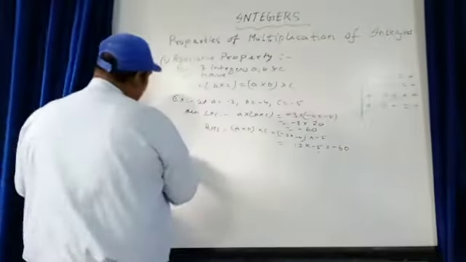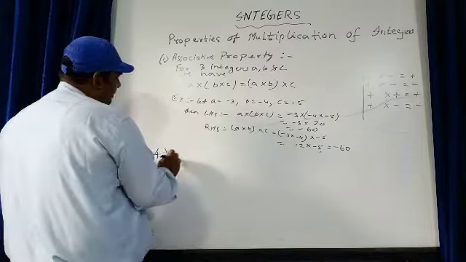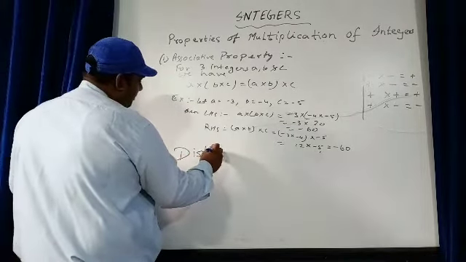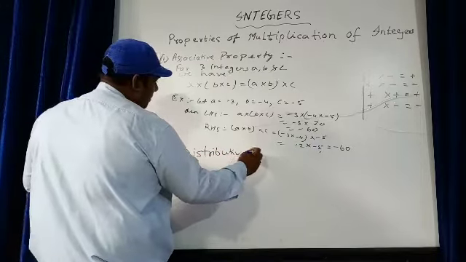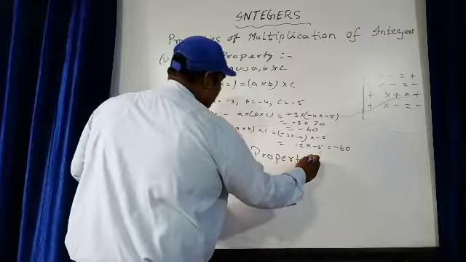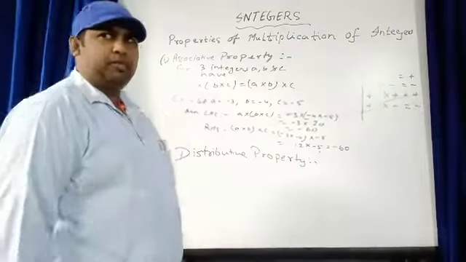Okay, now our next property, that is the fourth one, the distributive property. What is the property? Let's see. We have two laws of the distributive property.